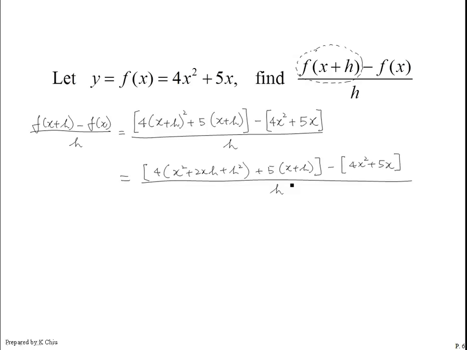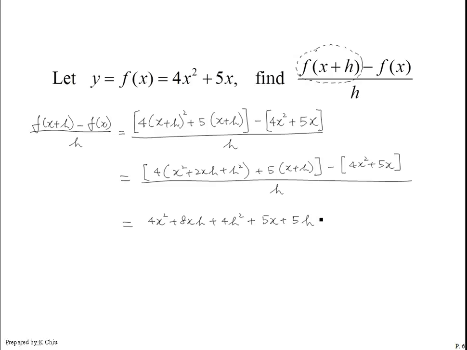I expand the x plus h squared, and then distribute the 4 and distribute the 5. So I got 4x squared plus 8xh plus 4h squared plus 5x plus 5h.